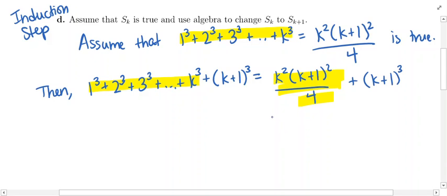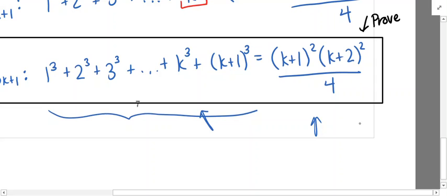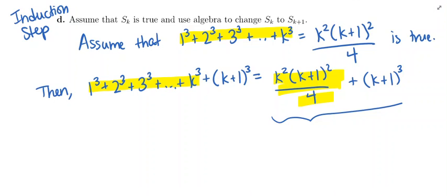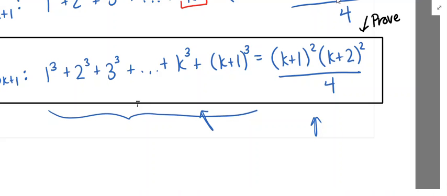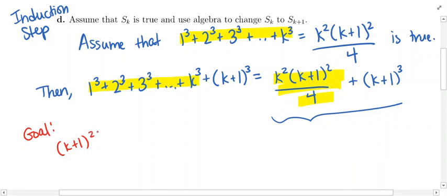Now we're going to use pure algebra to turn this side into the right side in the equation in part C. So we have to make it look like this. I'm even going to write it down. I'm going to go over here and say my goal, just so I don't forget, my goal is k plus 1 squared times k plus 2 squared all over 4.